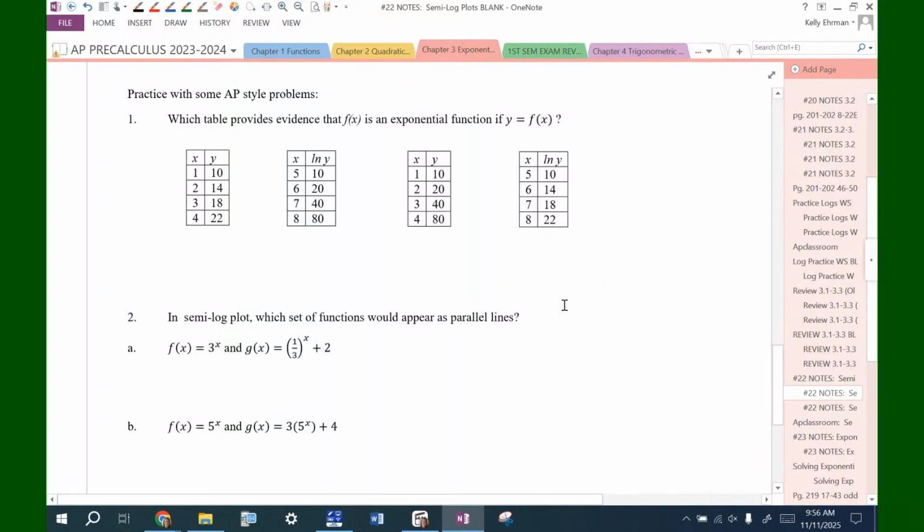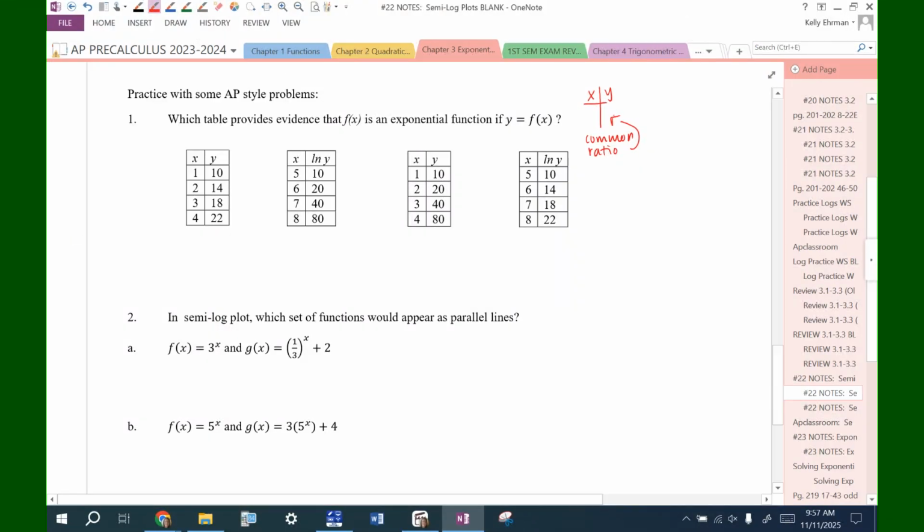All right, practice with some AP style problems. These are just a preview of the types of problems we might see in AP Classroom. Which table provides evidence that f of x is exponential if y is equal to f of x? If exponential, there are two scenarios. If it's an x-y table, then I should see a common ratio in the y values.